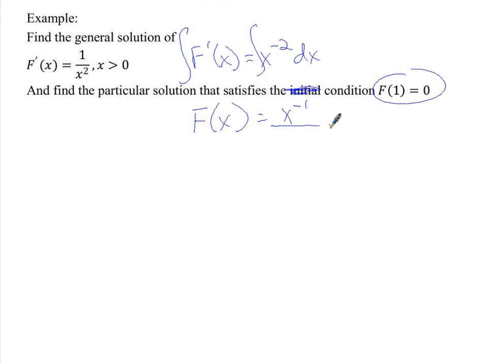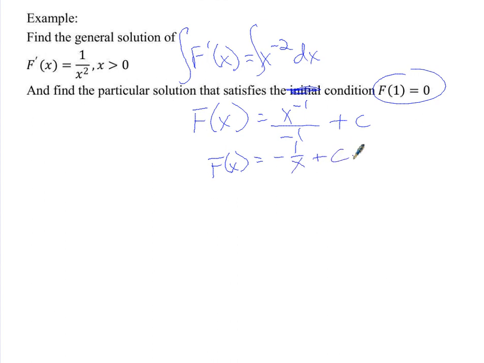You're not wrong so far. We added 1 to the exponent, so we have to divide by the new exponent, over -1, plus c. Okay, so I can simplify that. F of x equals the negative from this guy and then 1 over x plus c.